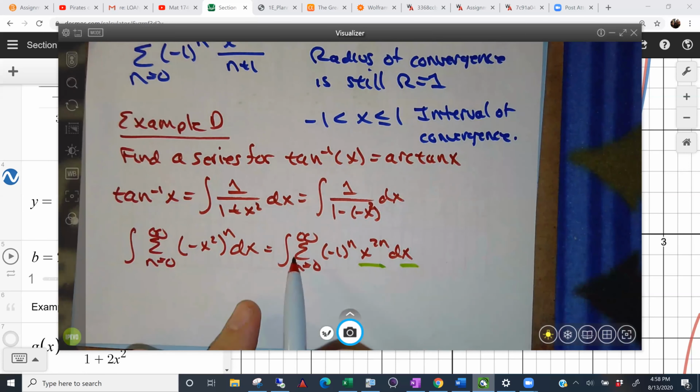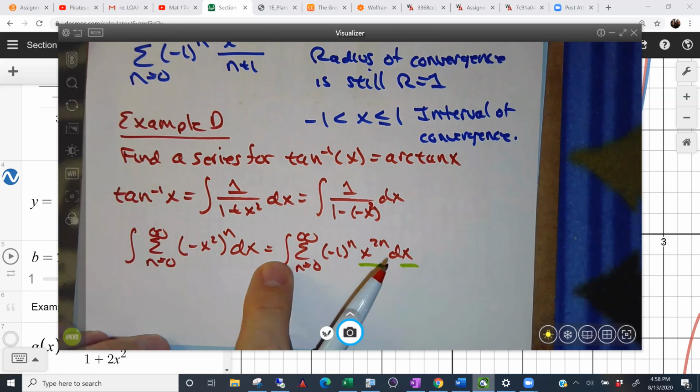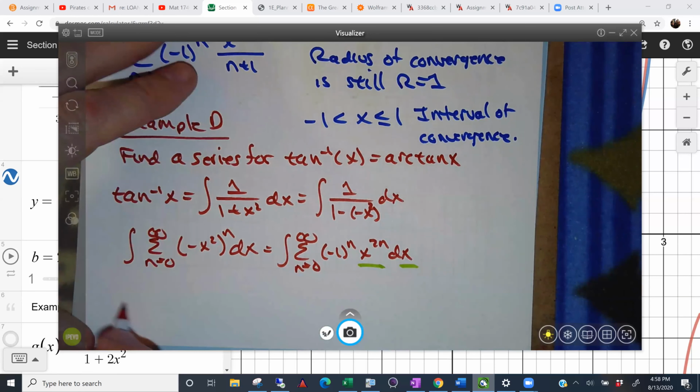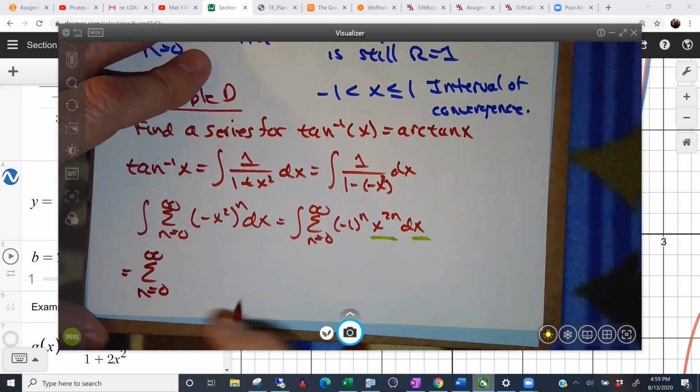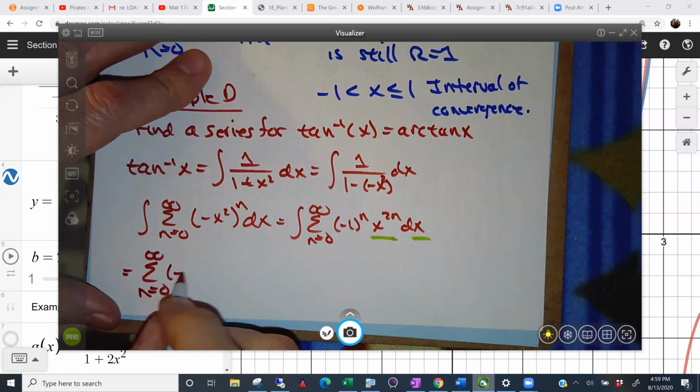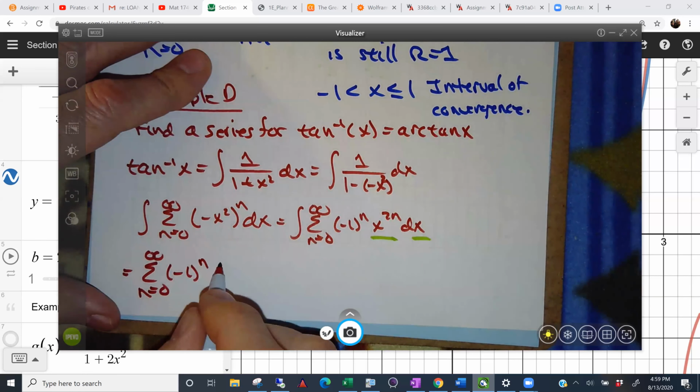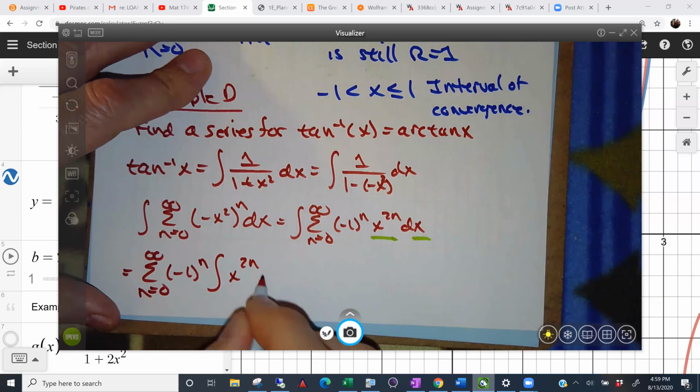So what that means is I'm going to move this integral sign in here and ignore this other stuff because it's really a constant and a sum, and the properties of an integral allow us to interchange these operations. So that's going to be the sum from n equals 0 to infinity of -1 to the n times the integral of x to the 2n dx.